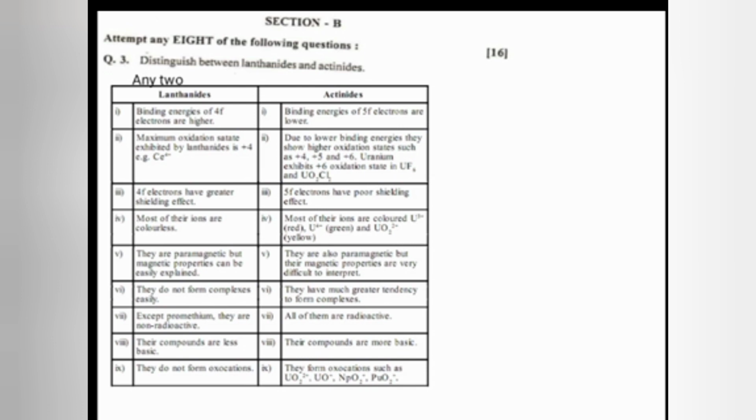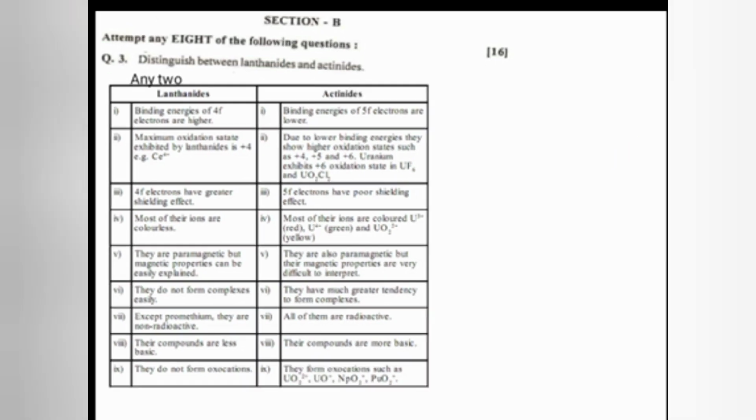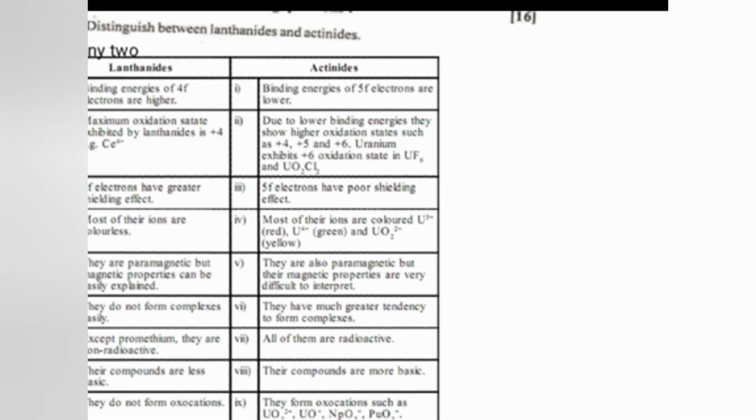Then the B section: you have to write any two differences between the lanthanide and actinide series. In lanthanides the last valence electron enters the 4f orbital, whereas in actinides the valence electron enters the 5f orbital. The common oxidation state for lanthanides is +3, and for actinides +3, +4, +5, +6.